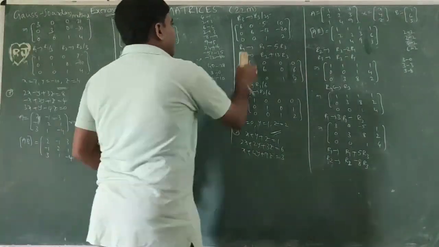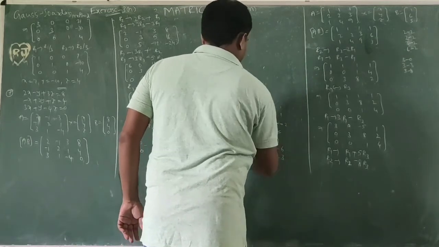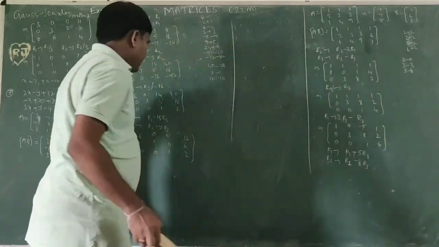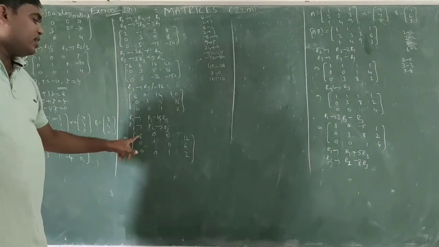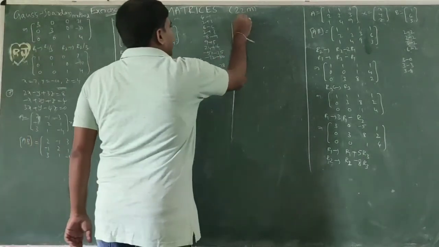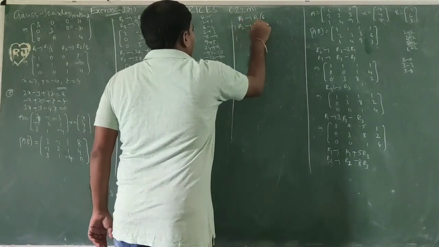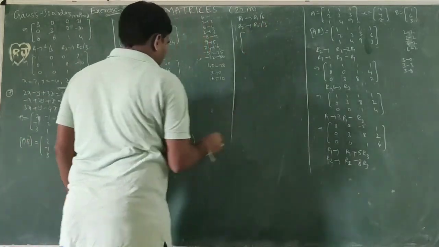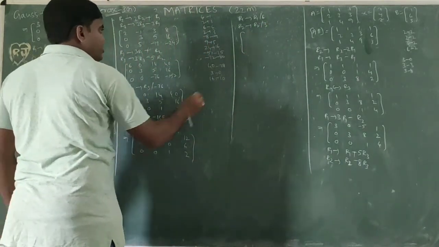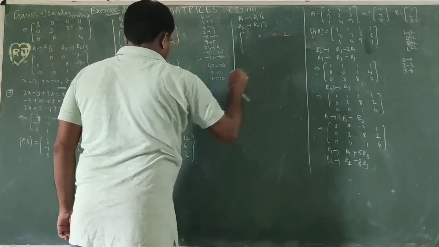So this diagonal matrix I want to convert into an identity matrix. In this diagonal matrix, the diagonal element of the first row is 6. R1 changes to R1 divided by 6, R2 changes to R2 divided by 3, the diagonal element. First row divided by 6: 6 by 6, 1, 0, 0. 12 by 6, 2.